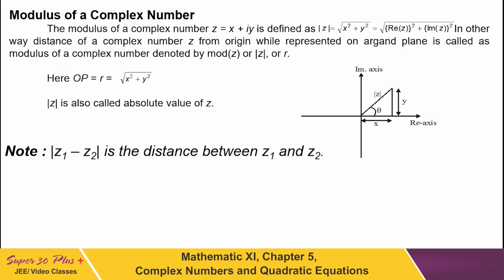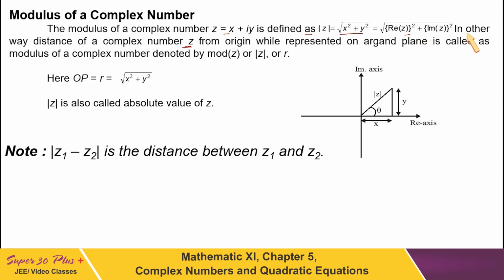Students, now we are going to study the modulus of a complex number. The modulus of a complex number z is equal to x plus iota y is defined as mod z, which is equal to under root x square plus y square, or you can say it is equal to under root of real z whole square plus imaginary z whole square.